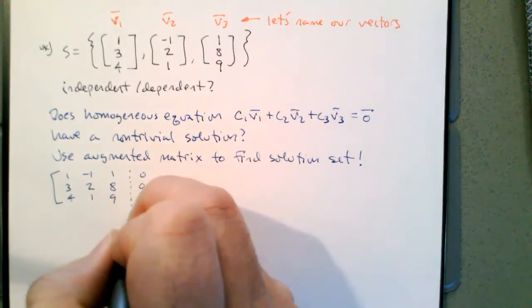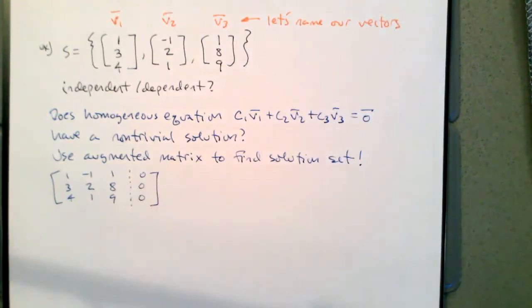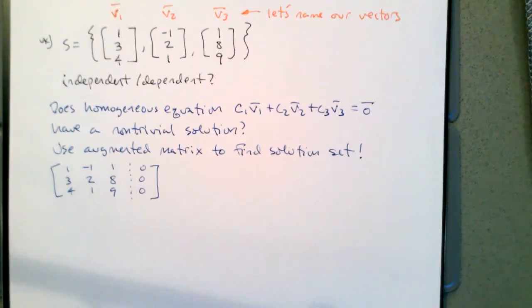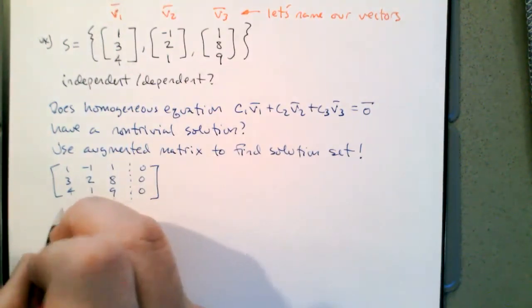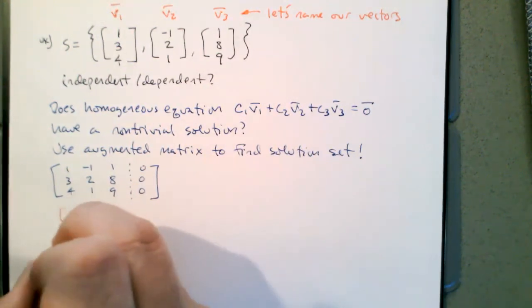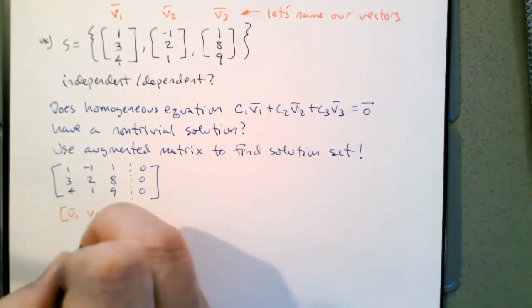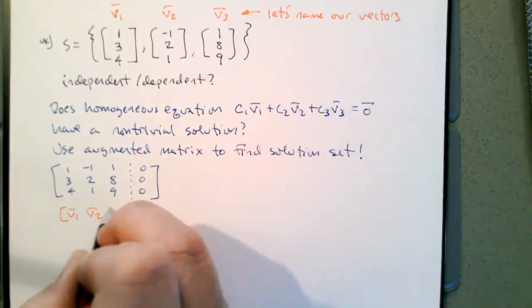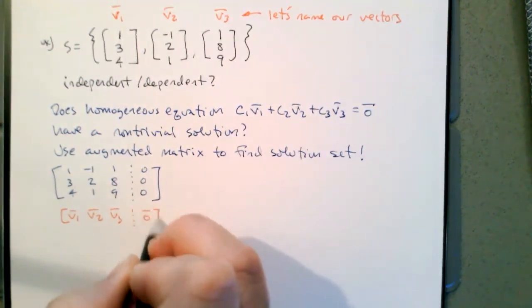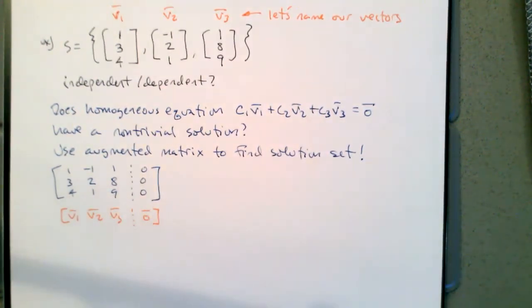And I'm going to put 0, 0, 0 to remind myself that I'm looking at the augmented matrix of a homogeneous equation. This matrix is going to be just v1, v2, v3, and then the zero vector. There's our augmented matrix with its names.